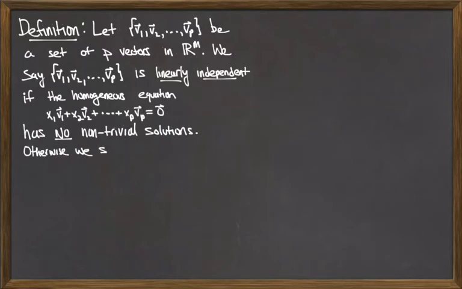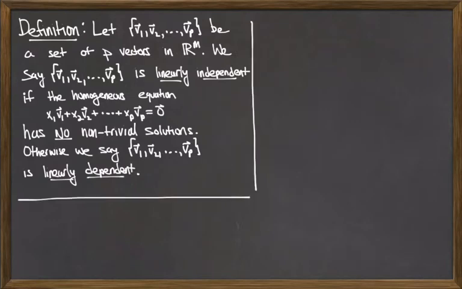On the other hand, if that equation has non-trivial solutions, we're going to say that that set of p vectors is linearly dependent. There must be some numbers, not all of which are 0, that I can put in front to establish an interesting linear combination that gives me 0, and therefore some interesting dependencies among those vectors.